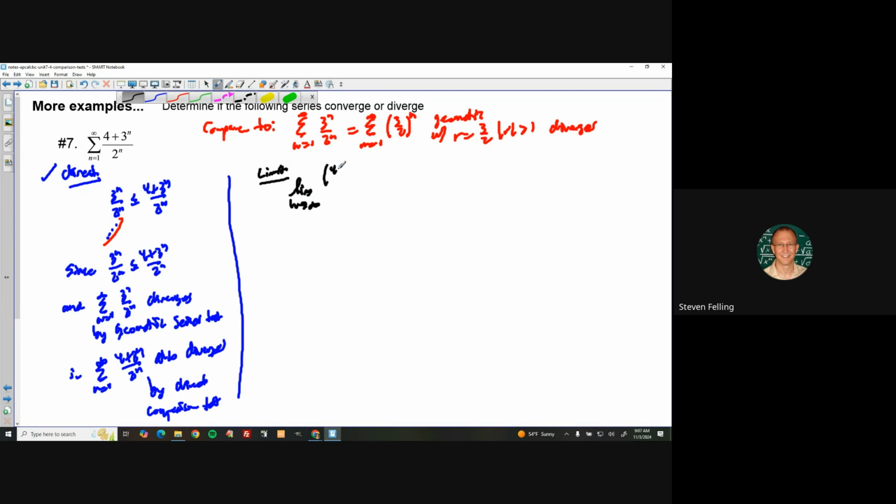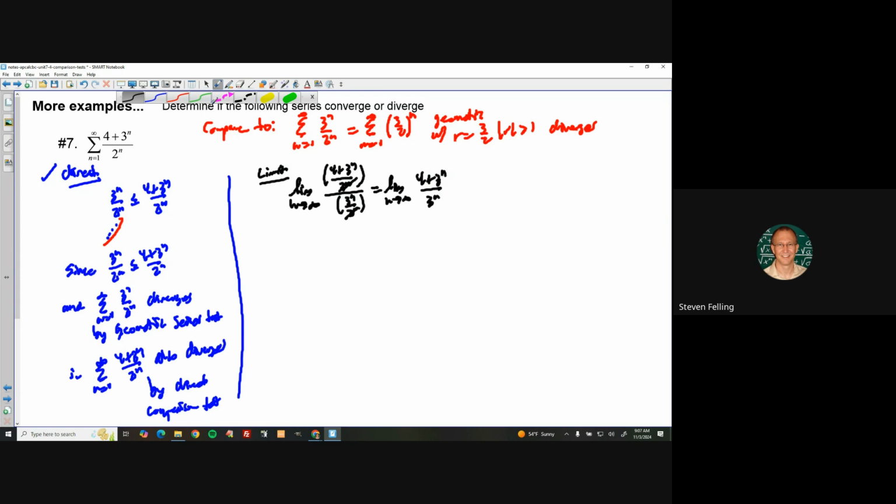So (4 + 3^n) over 2^n, and then 3^n over 2^n. That is the same as the limit, these are going to cancel out. So you're going to end up with (4 + 3^n) over 3^n.